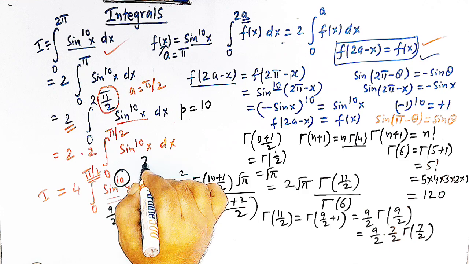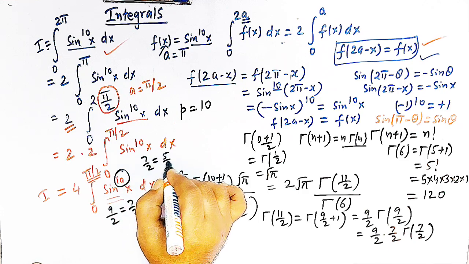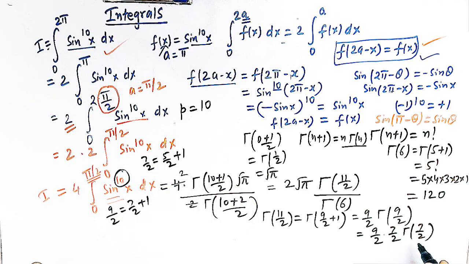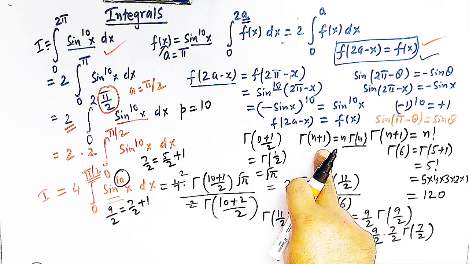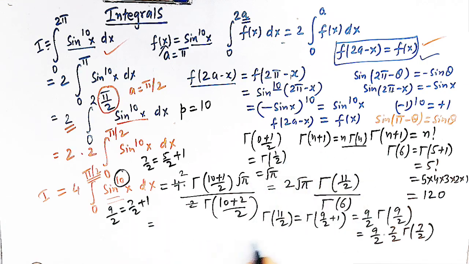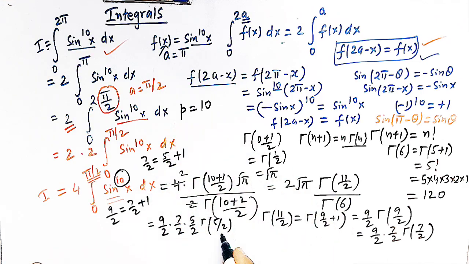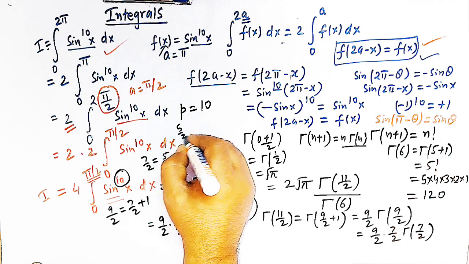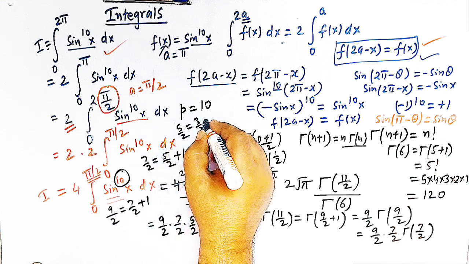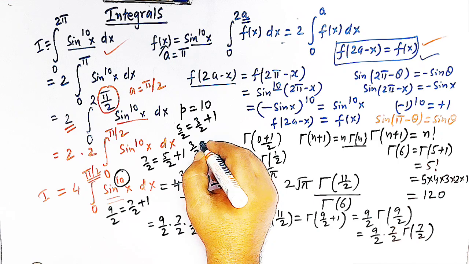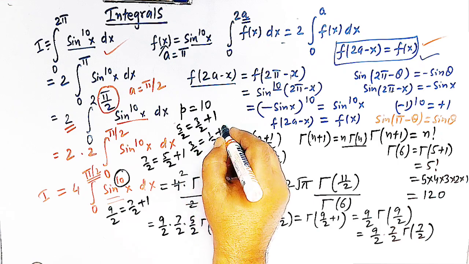Now 7 over 2 can be written as 5 over 2 plus 1. Applying this result again, we can write gamma 11 over 2 as 9 over 2 times 7 over 2 times 5 by 2 times gamma 5 over 2. Similarly we can split 5 over 2 as 3 over 2 plus 1, and 3 over 2 as half plus 1.